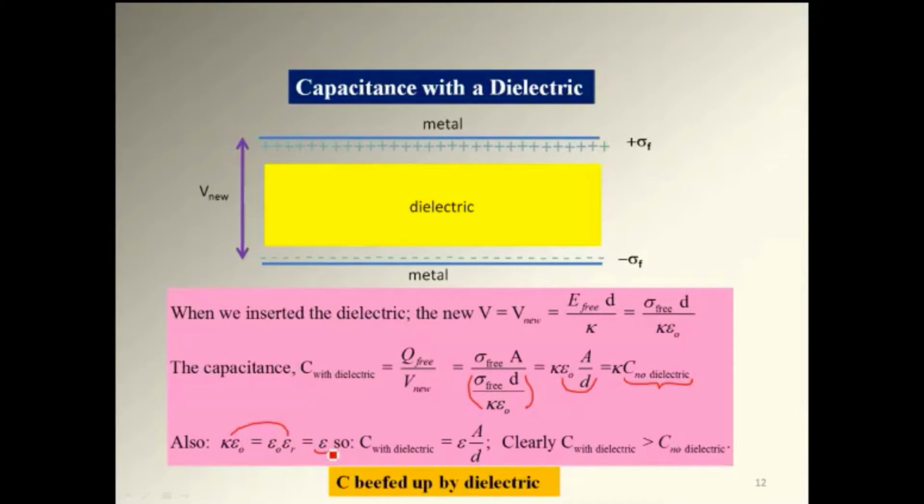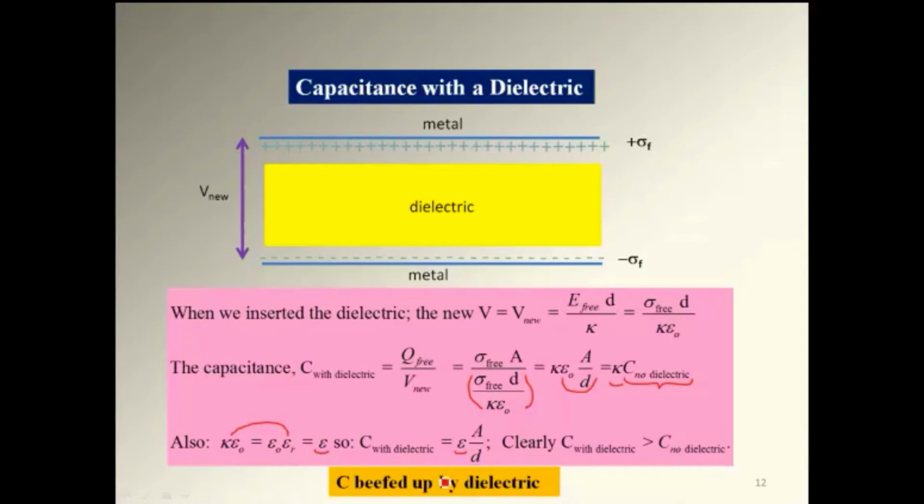So if you stick that in, the capacitance with the dielectric is equal to epsilon, the permittivity of the dielectric, times A over D. So if you compare these, it's easier to see right here actually. If this is greater than 1, the capacitance with the dielectric is greater than with no dielectric. And obviously the bigger the kappa, the bigger this inequality becomes.